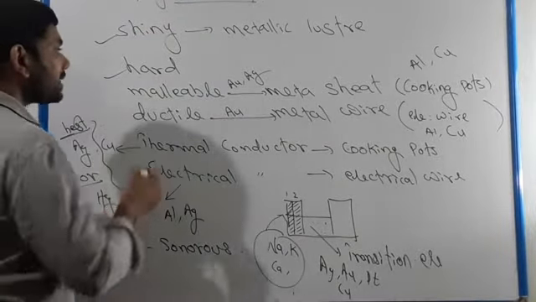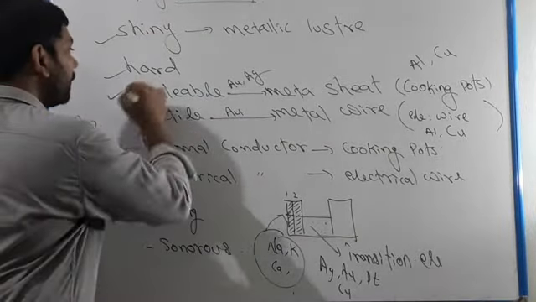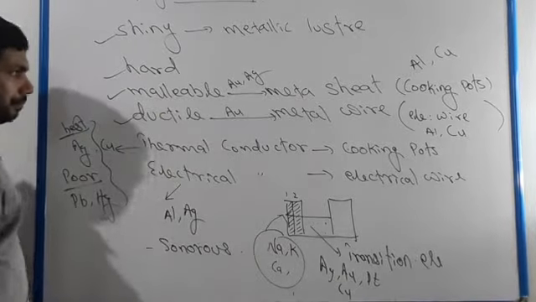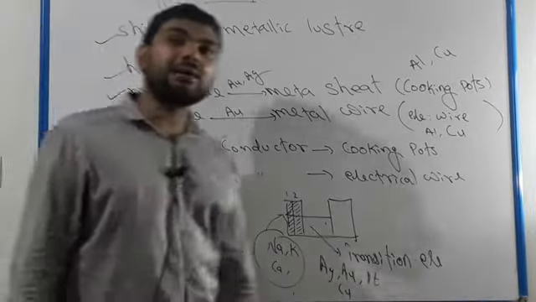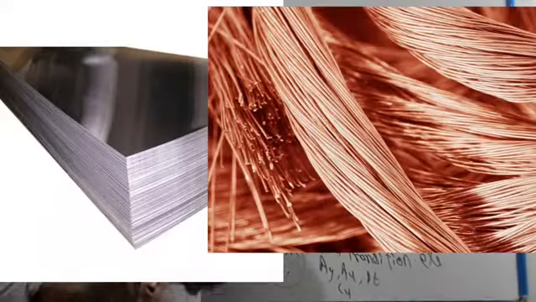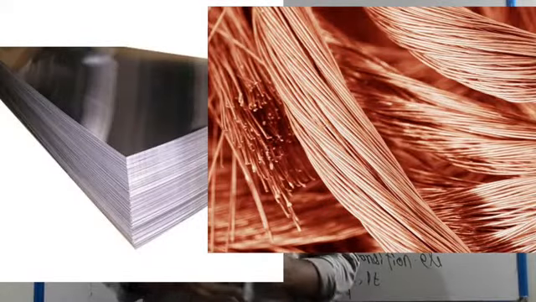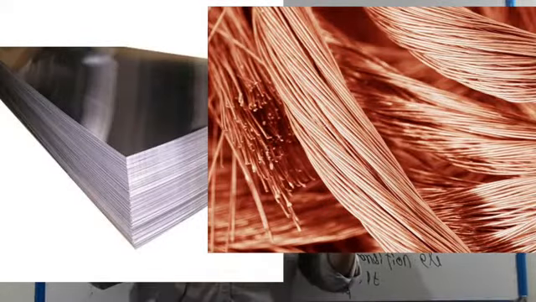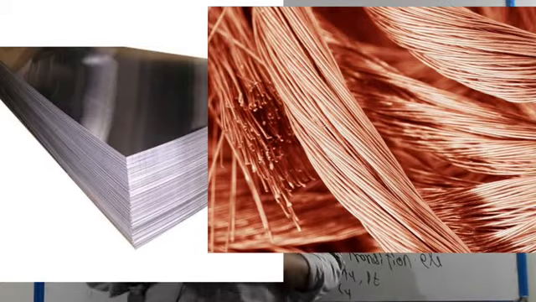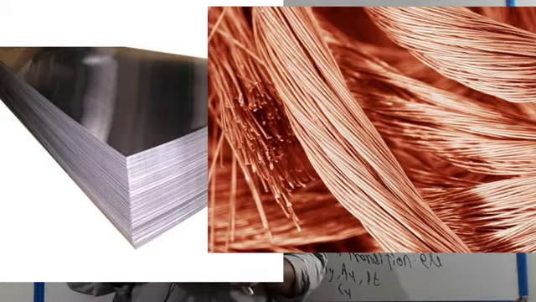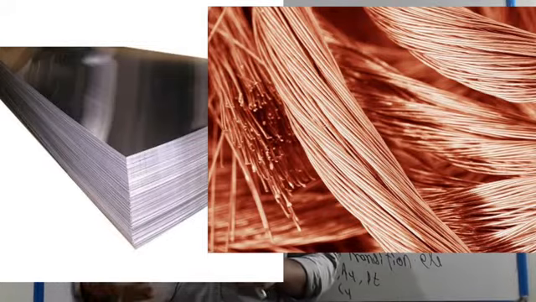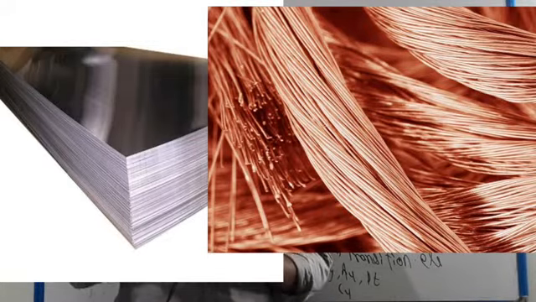Next, metals are malleable and ductile. See this diagram, see this picture. Here two pictures are given: copper wire and aluminum pots, an aluminum thin sheet.